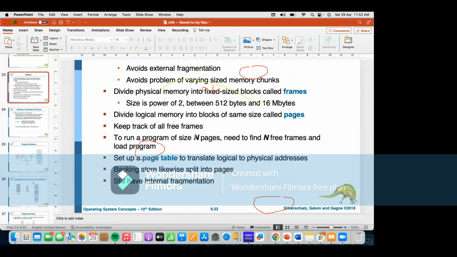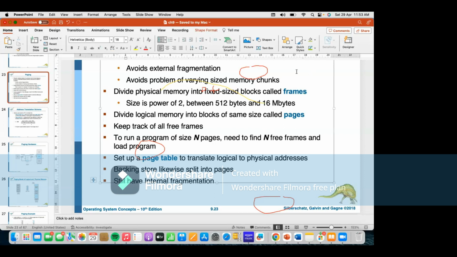Suppose the logical memory is divided into pages. To run a program of size n pages, how many free frames do we require in main memory? Suppose I have a program which requires 3 pages. How many free frames are required in order to place these 3 pages?